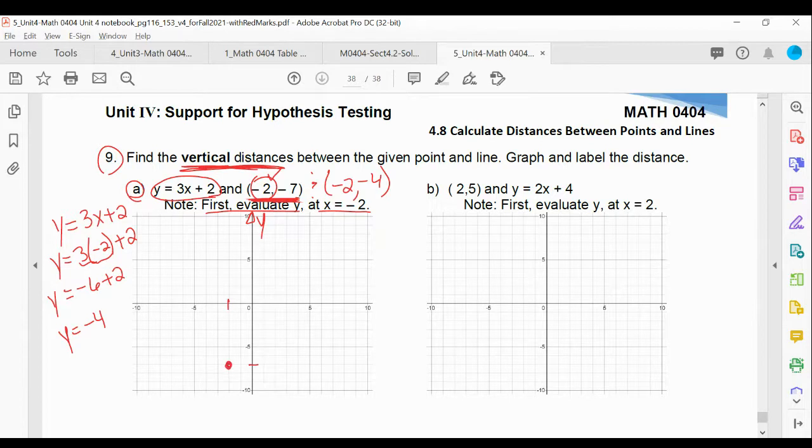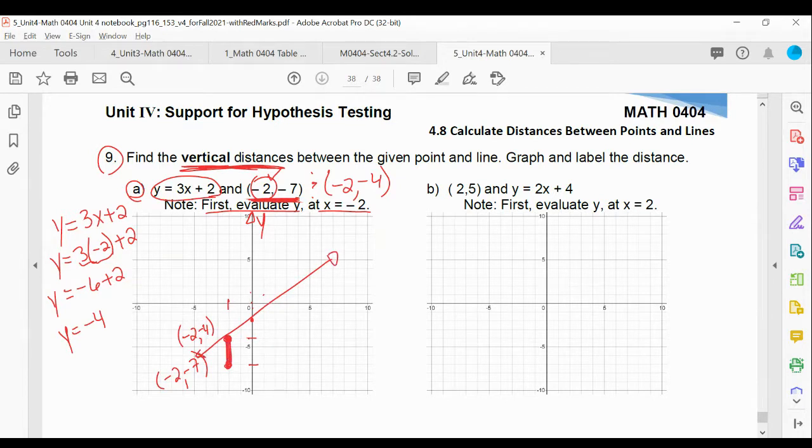So here's the first point, (-2, -7). And the point that's on the line is (-2, -4). -4 is here. I could graph this line by going to the y-intercept of 2 and doing the slope, 1, 2, 3, over to the right 1, and so forth. But this just has a line that does this.